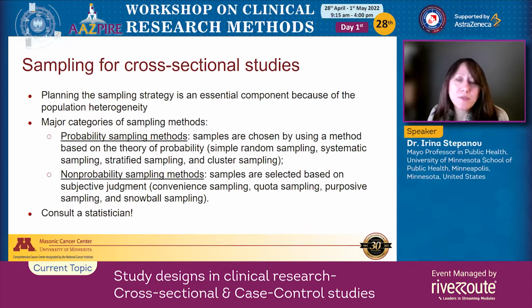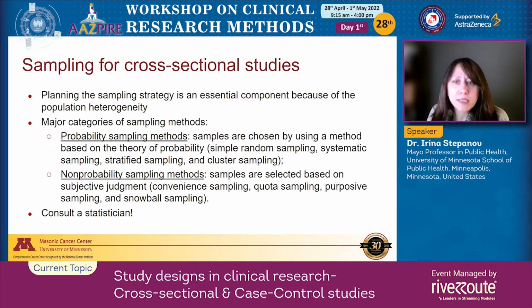However, if you think about applied clinical research, there are some circumstances in which it is not feasible or not practical to perform random sampling. And in this situation, you would apply non-probability sampling. Again, there are a few examples, such as convenience sampling, quota sampling, or snowball sampling. So these are some of the common examples of non-probability sampling.